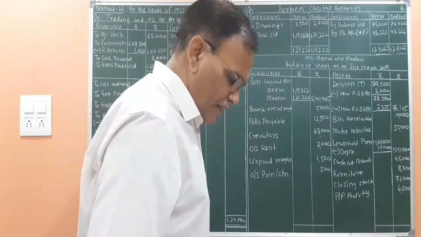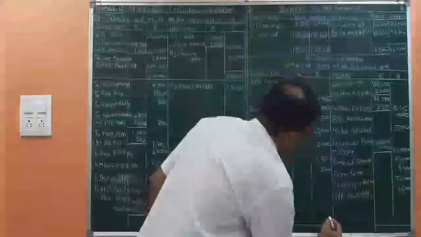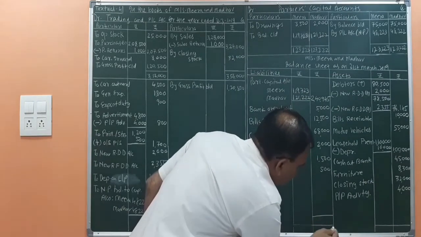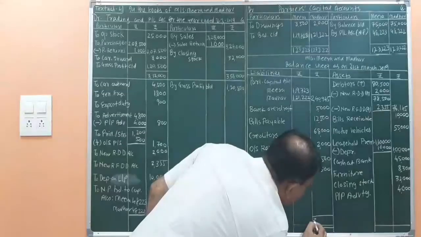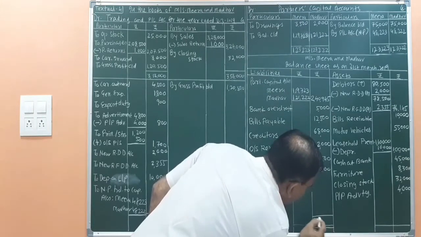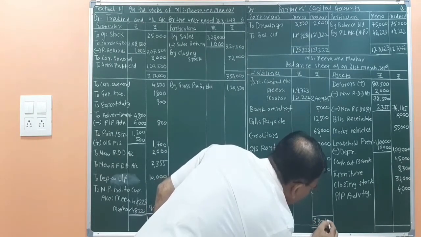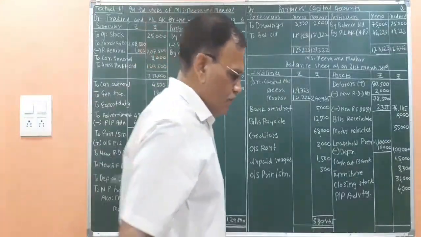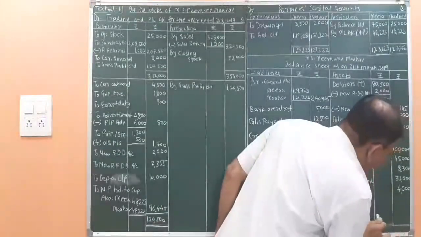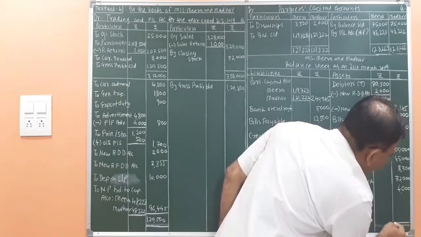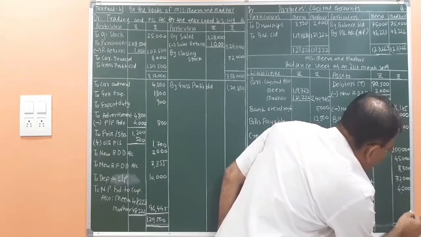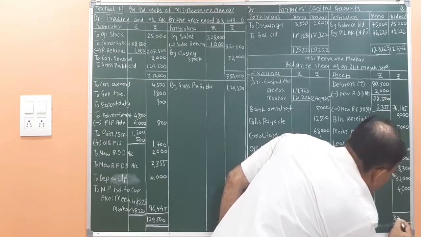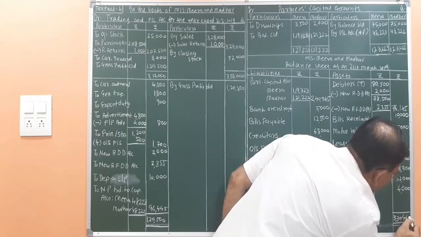Now the total of the balance sheet is 3,30,445, and here also the total is 3,30,445.